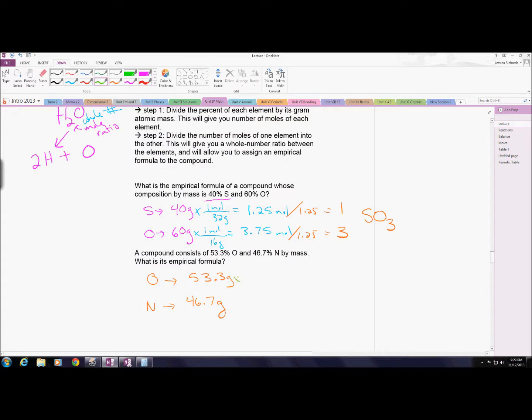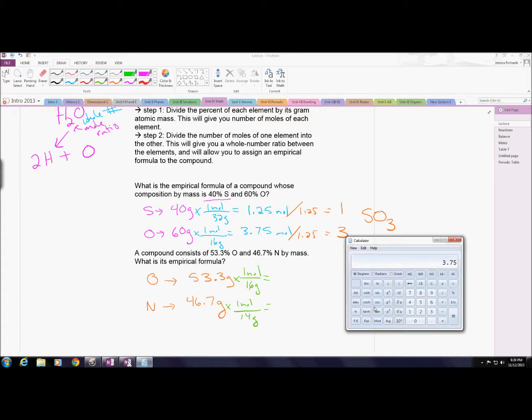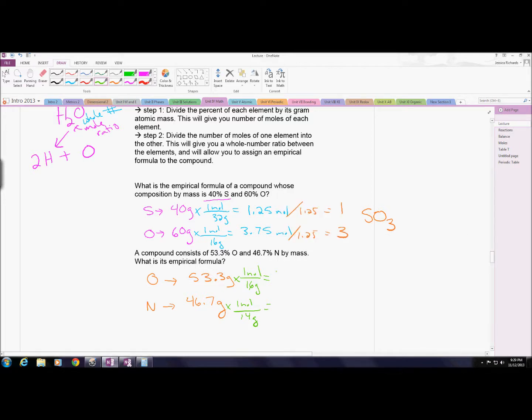So we're going to multiply this by every 1 mole is 16 grams. And the nitrogen, every 1 mole is 14 grams. And I'm not doing that one in my head, so 53.3 divided by 16 gives us this horrible number, 3.33125.